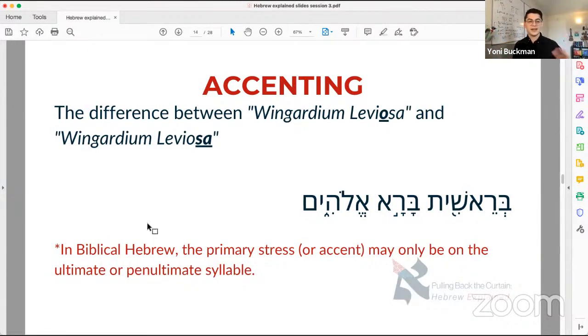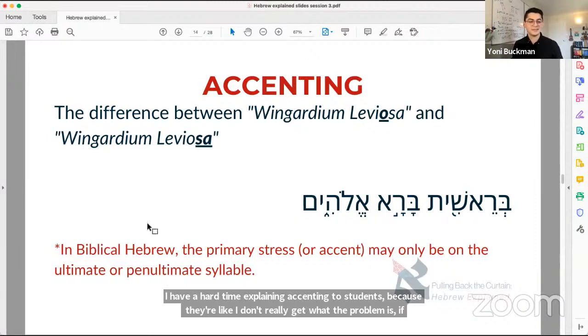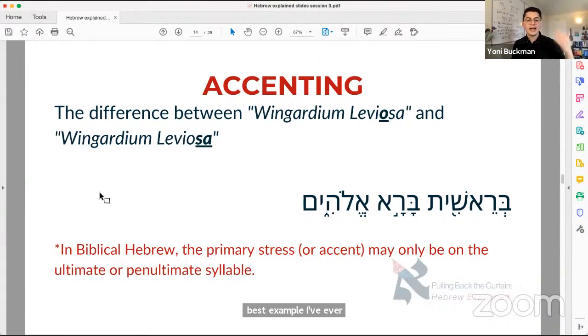Hermione points out to him that he is accenting the wrong syllable. She says it is not Wingardium Leviosa, it's Wingardium Leviosa. And he can't get the spell to work because he is stressing the wrong syllable.